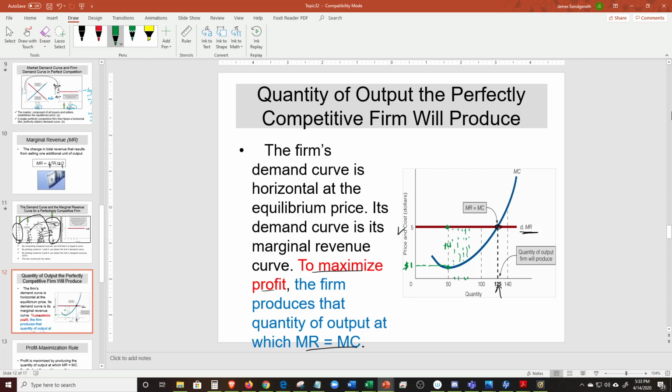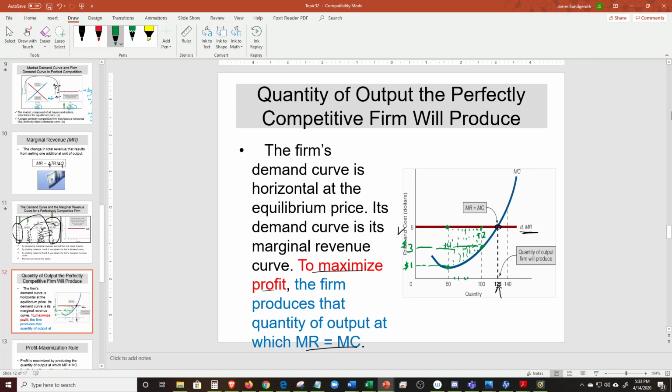But notice, because of the law of diminishing returns, marginal cost is rising. The addition to profit becomes less and less. And then here at the 100th unit, I'm not sure, let's just say that's $3. I'm just guessing here. So now the firm is just adding $2 to profit.